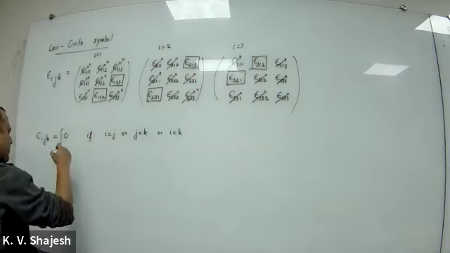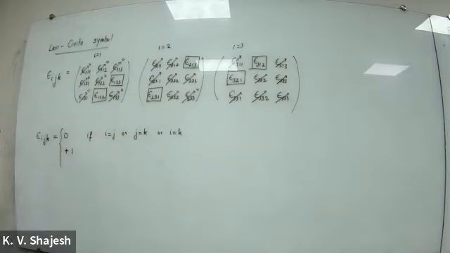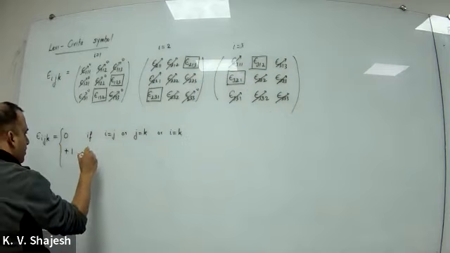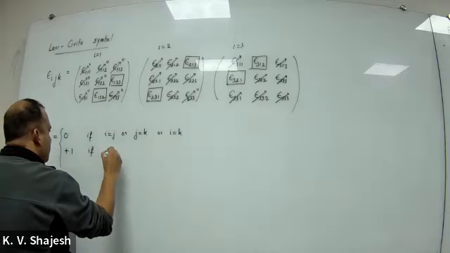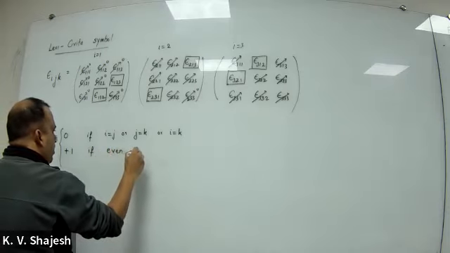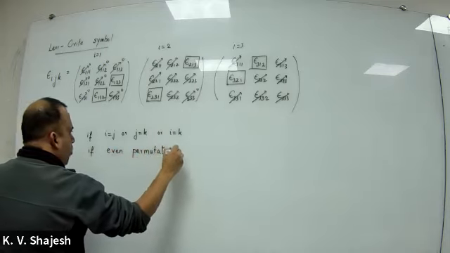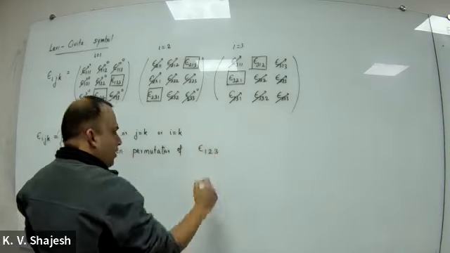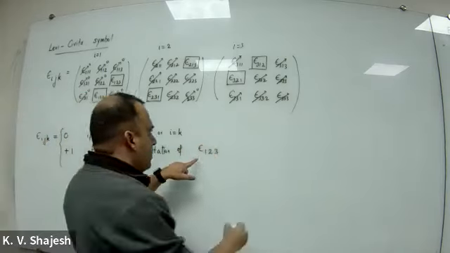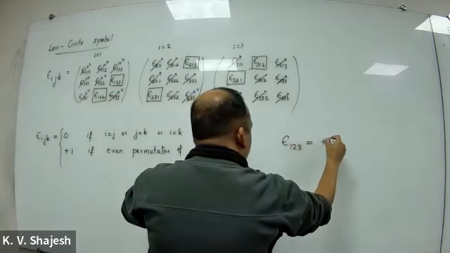For that, I say that epsilon ijk is equal to +1 if it is an even permutation of epsilon 1,2,3. That means I set epsilon 1,2,3 to be equal to +1.